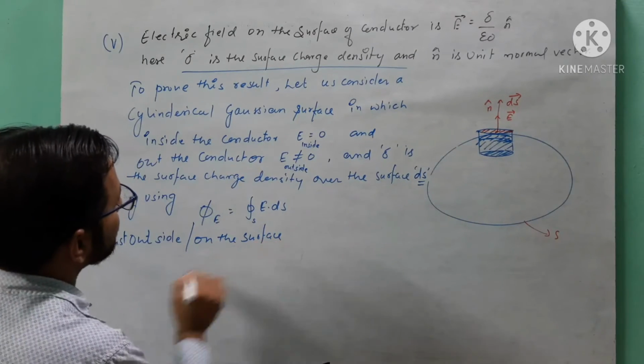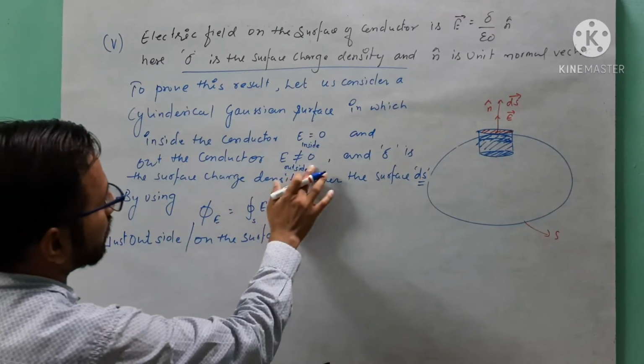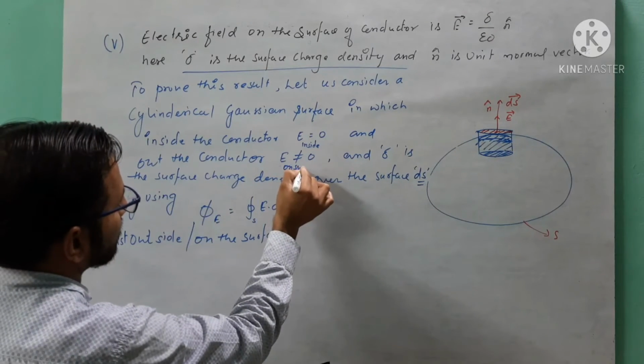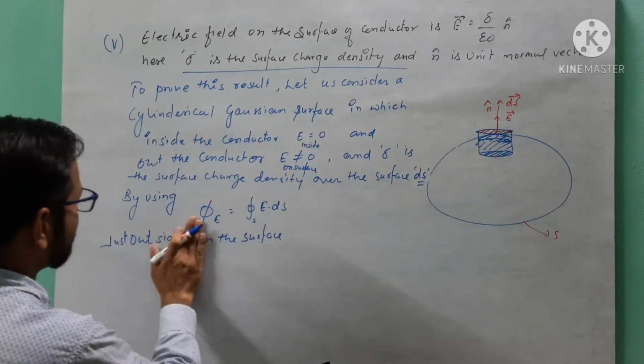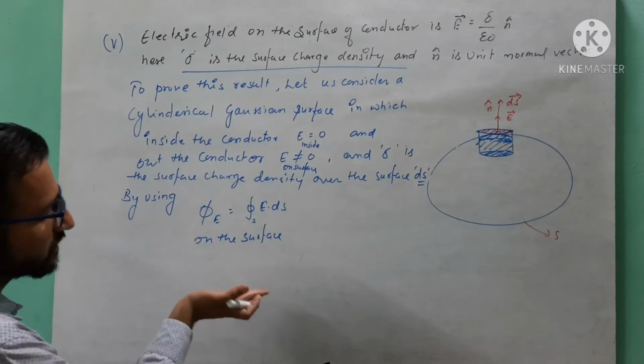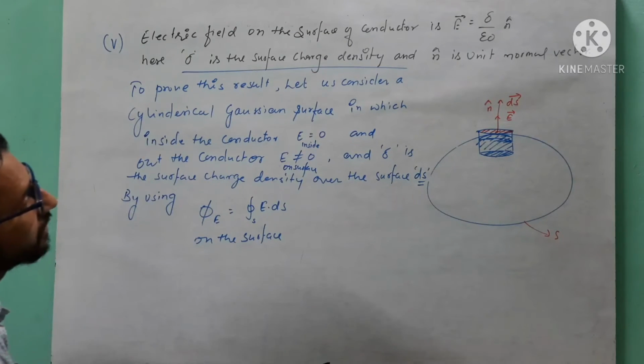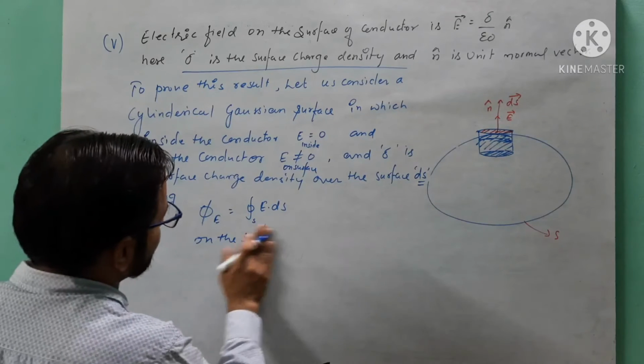Very well, this language is fine. Here on surface we can add. This is the condition of on surface. Just outside means on surface we can say.